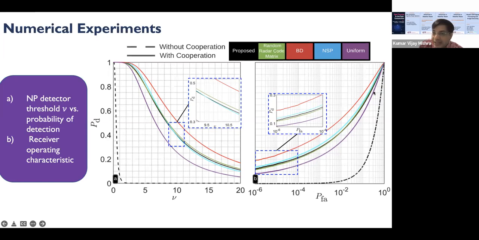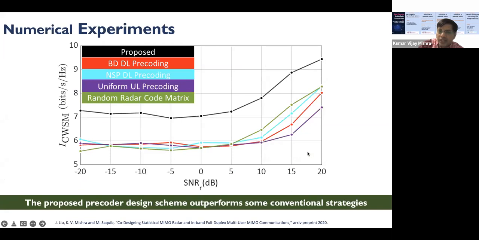There are these other curves that we are comparing it with, but there we assume that there was no interference from certain directions. But overall, the interesting curves here are this dashed curve and that solid black curve. So with cooperation, you can improve the performance at the radar side. And then we do the same thing for how our matrix looks with our proposed waveform and precoders.